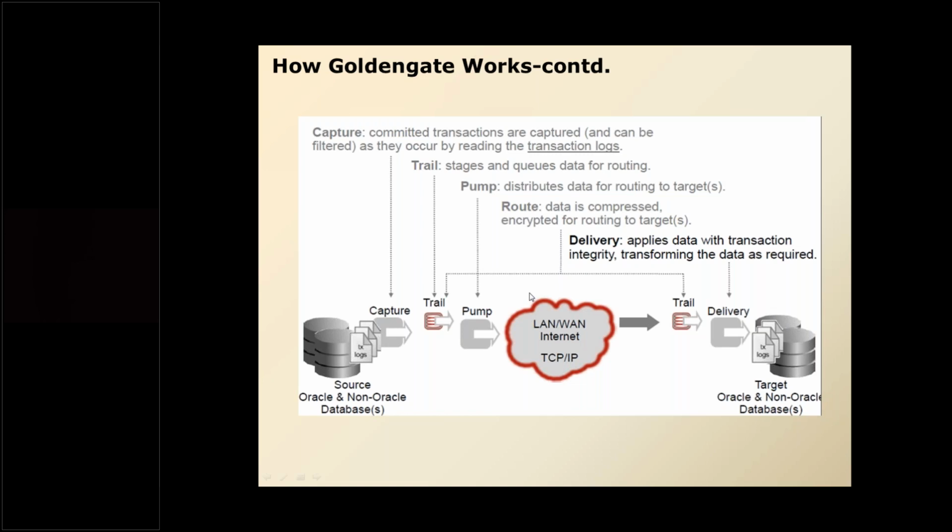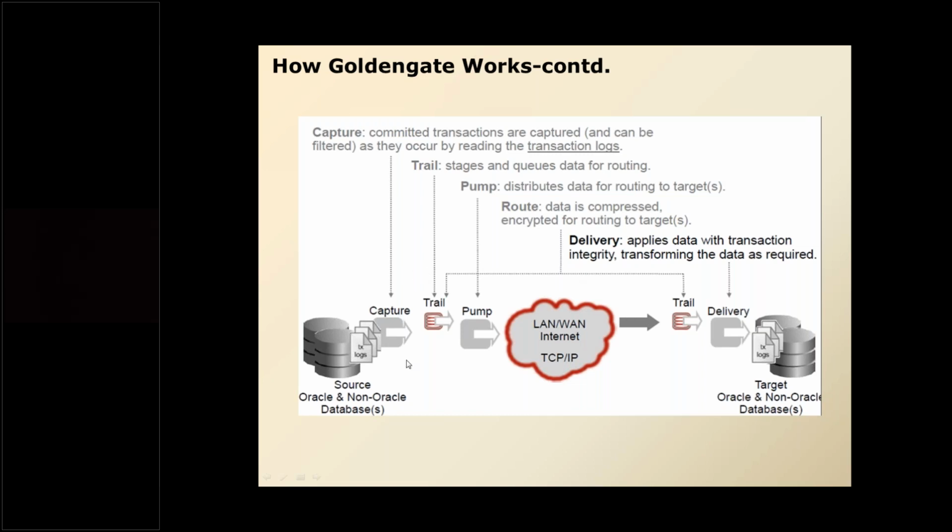So remember, only committed data is flowing through here. If there is any uncommitted data in the transaction log, the GoldenGate capture process is not going to capture it. So the capture process captures only committed transactions. As a result, you have to understand that GoldenGate only writes committed transactions from source to target.